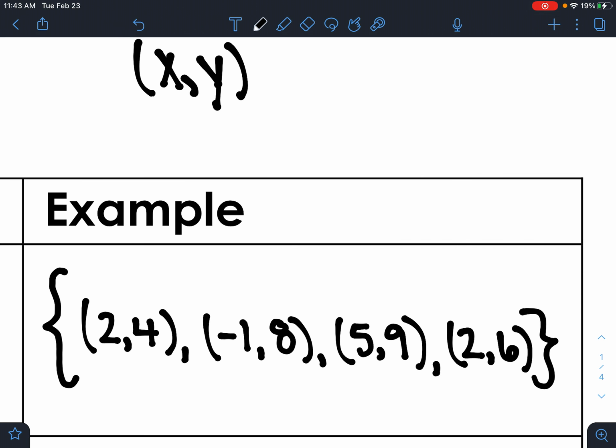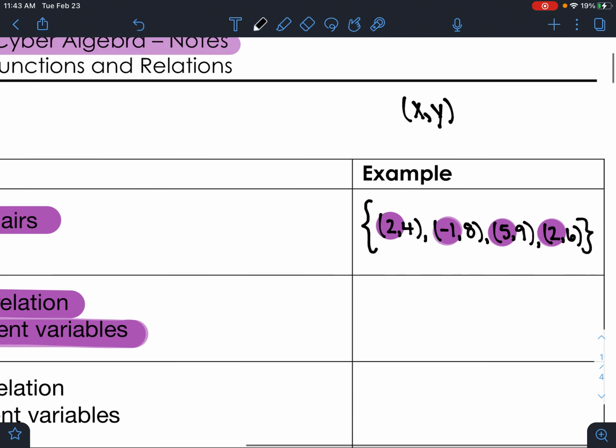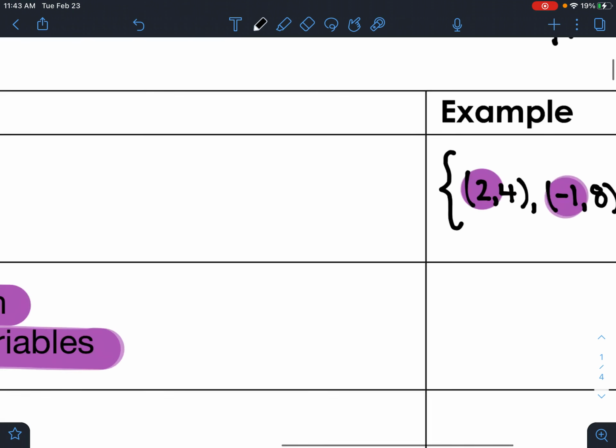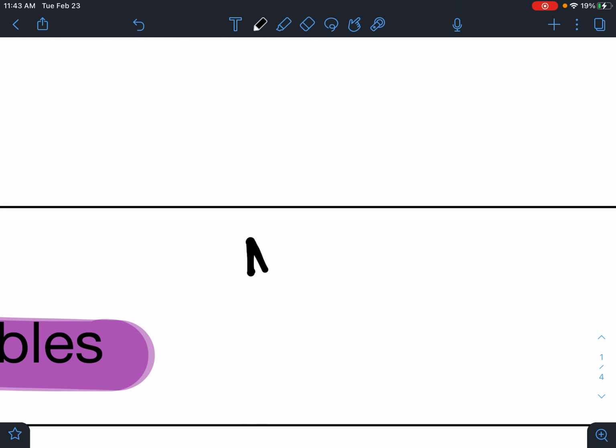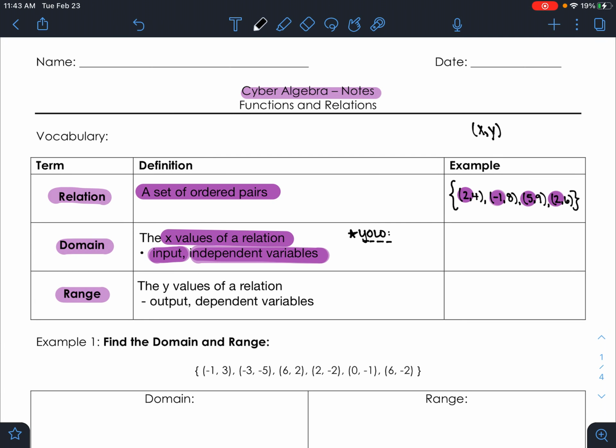So I'm going to use this example here, and I'm going to highlight all my x values. So I'm going to highlight 2, -1, 5, and 2, okay? And there's a rule whenever you are listing out your domain, and I'm going to call it YOLO. What that stands for is you only list once, all right? So if there are duplicates in the same domain, you only list those numbers one time, okay?